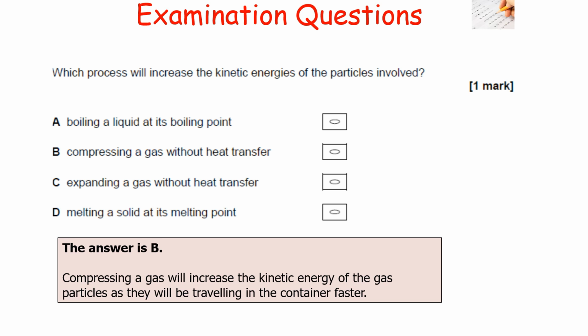So we've got two options here, compressing the gas or expanding the gas. When you compress the gas, you are putting work into the gas, so the overall internal energy of the gas must be increasing. Because we're not changing the state, we're just compressing the gas, it must be the kinetic energy store of the gas that's changing, so therefore it's going up. So our answer is B.